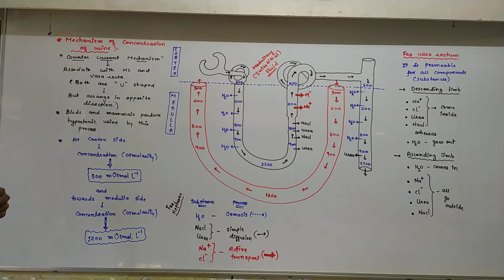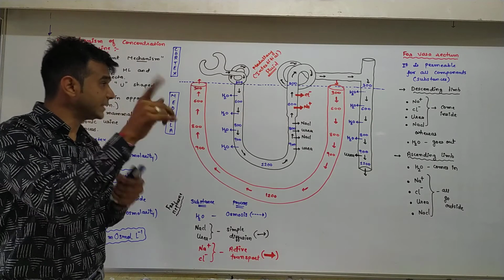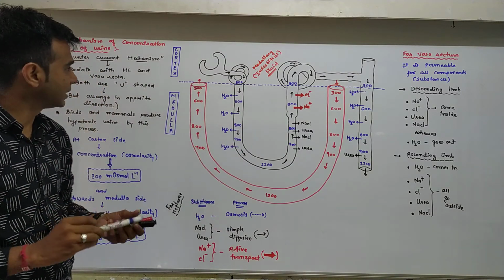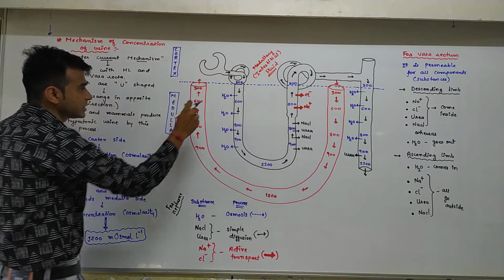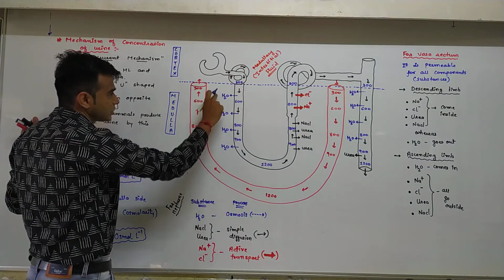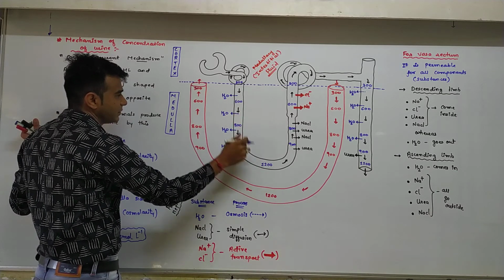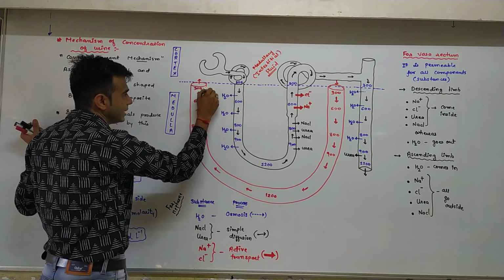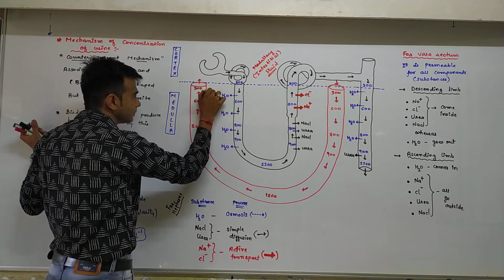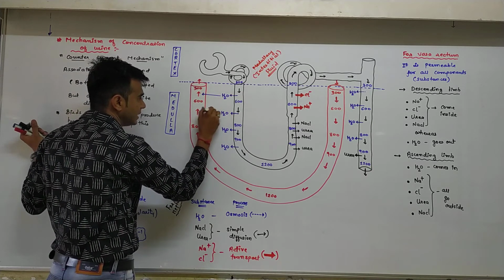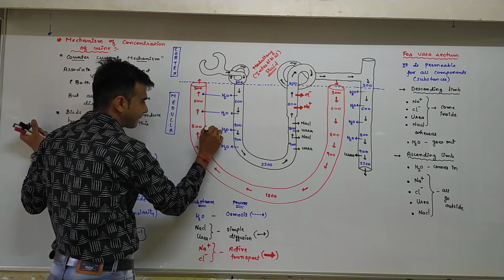So now let me continue with it. I have to draw only one line through the osmosis process. Through osmosis, the water comes out from the descending limb of the loop of Henle and goes in. Yes, I have to place the arrow here only this much.